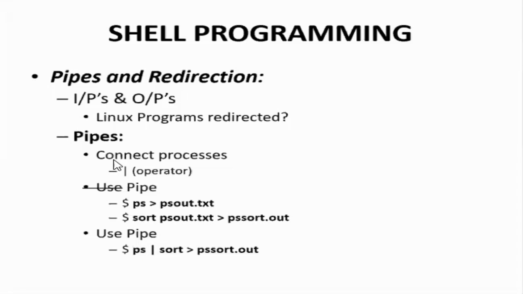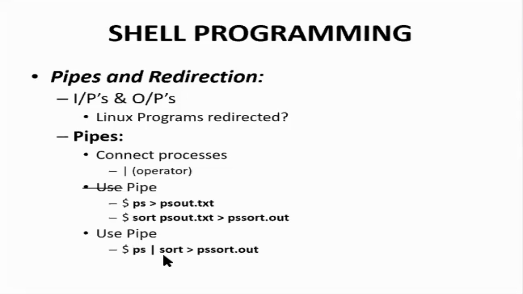Here, I'm using the statement called connecting processes with the help of the pipe operator. It means that the PS command is executed by one process and the SORT command is executed by another process.